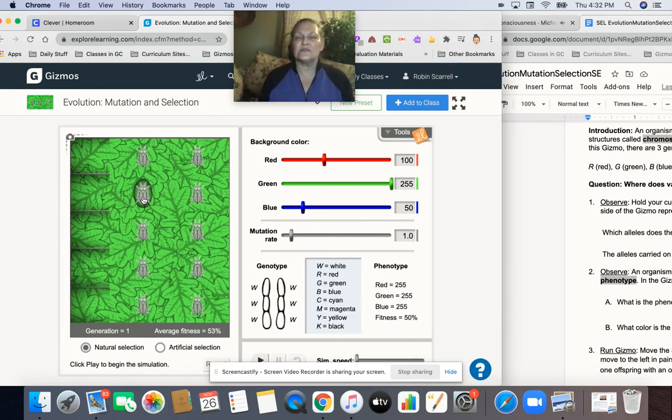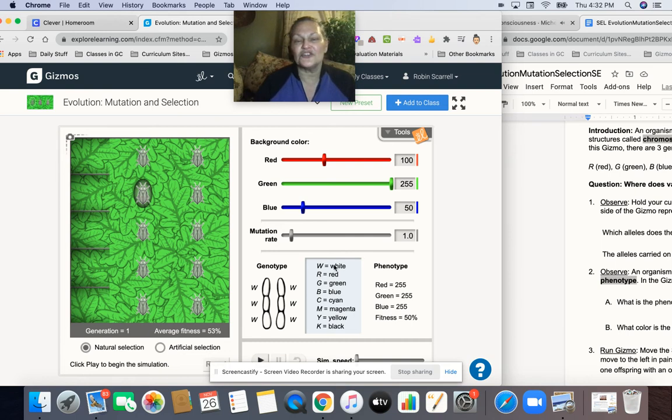It doesn't matter what organism you click on. Well, click on it, and lo and behold, you get a whole bunch of information down here in this block, right? So it gives you genotype. Genotype is what do the genes say? What does the allele say? Okay. And so in this case, this bug has 3 WWW and 3 WWW.